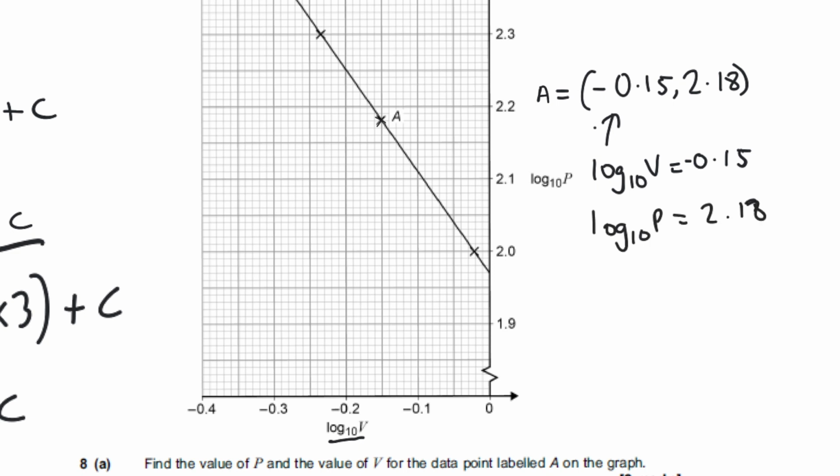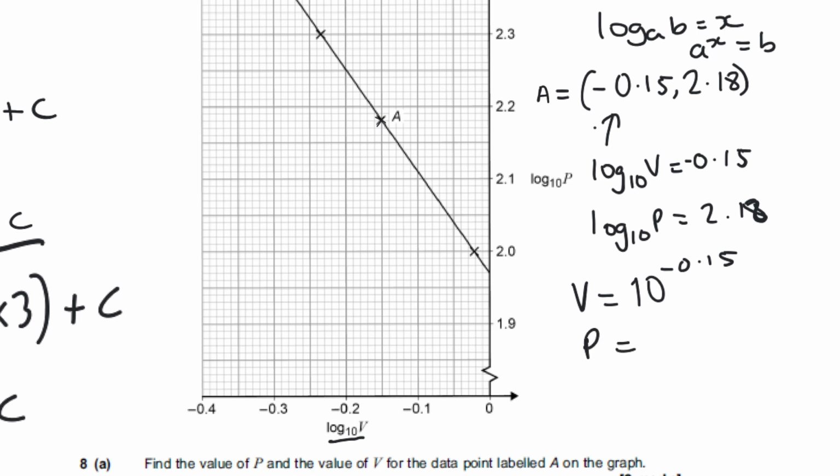To work out the values of p and v, this is based on your logarithm rules, so I'm going to rearrange them. v would be rearranged to 10 to the power of minus 0.15, because based on this rule, just in case anyone's forgotten, log base a of b equal to x is equivalent to a to the power of x is equal to b. And then p is equal to 10 to the power of 2.18.